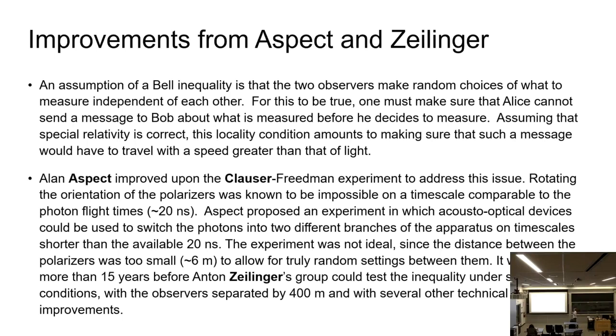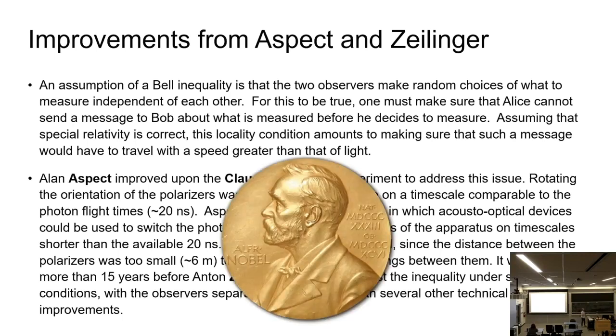That wasn't perfectly ideal either, because the distance between the polarizers was too small for truly random settings. Fifteen years later, Zeilinger set up the experiment with observers separated by 400 meters, so that there was no possibility of sending information between the two, and he made some other more minor technical improvements.